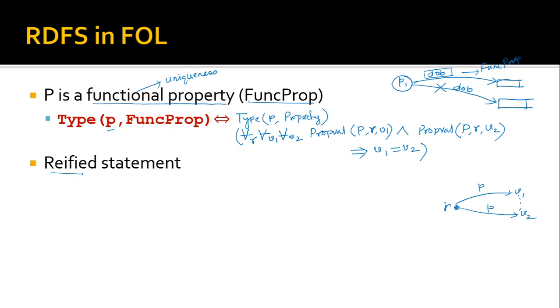Now come to this Reified statement. Let us try to recapitulate the structure of a Reified statement, right? What was the structure of the Reified statement? So you have something, say, this has got some certain properties, this is having a subject, this is having a predicate, and this is having an object.